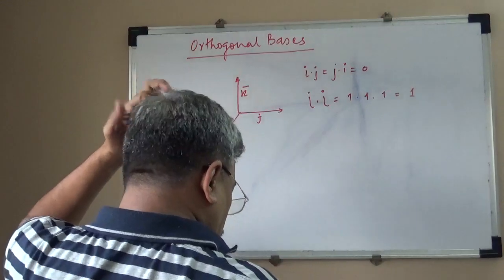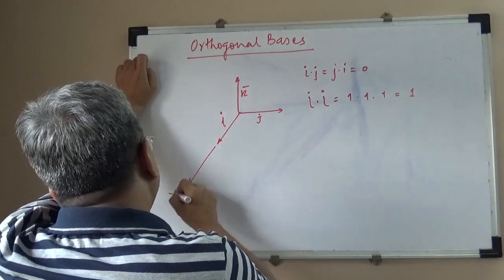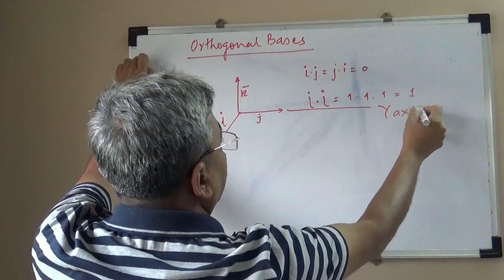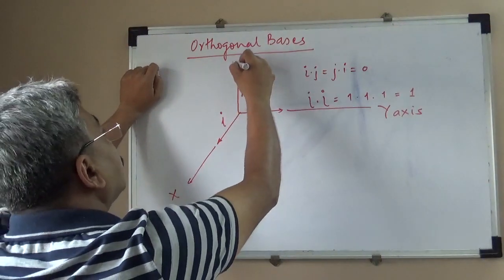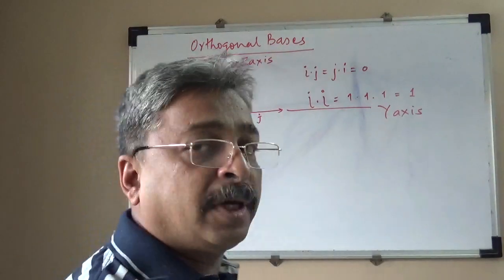So how do we use this? Now this is going to be our x-axis. Eventually in a 3-dimensional system this is going to be our y-axis, and the unit vector along x is i, the unit vector along the y-axis is j, and the unit vector along our z-axis is going to be k.